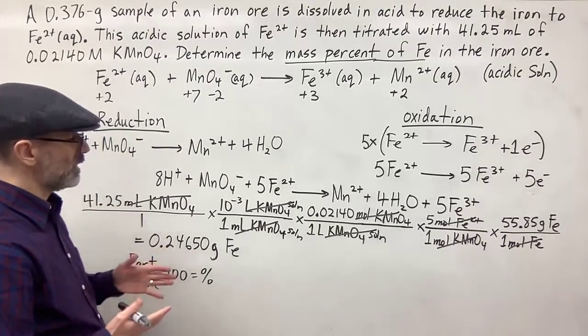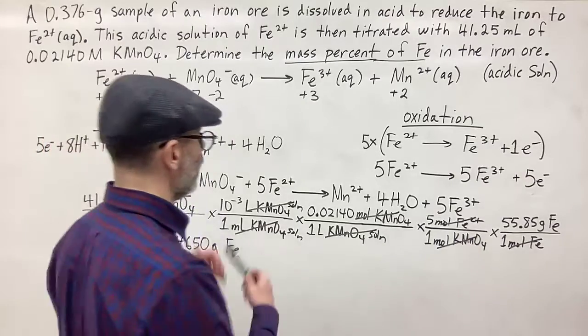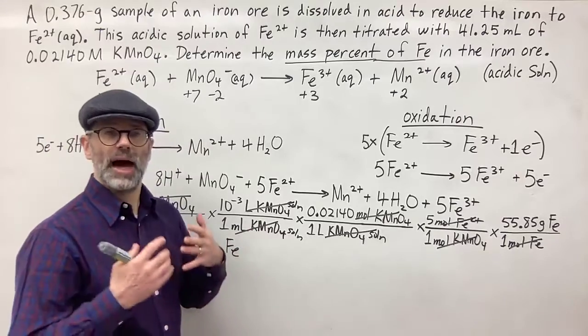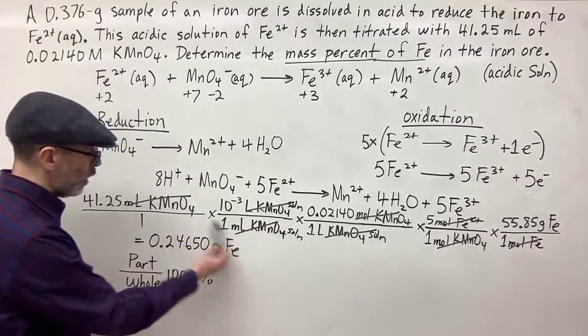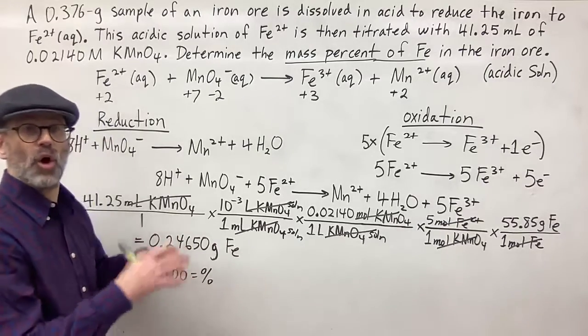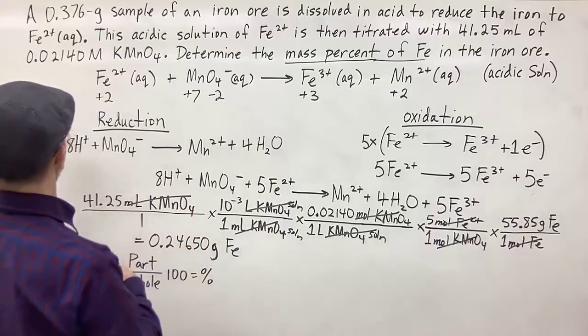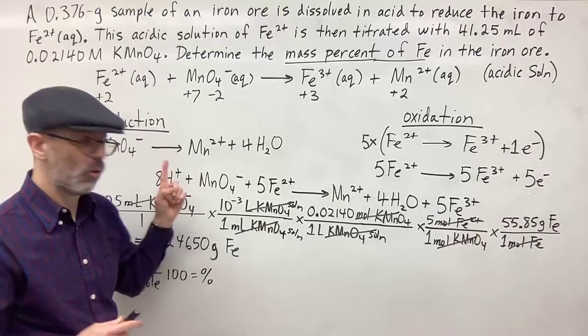So what is the part and the whole that we're talking about in this problem? Well, we want the mass percent of iron. Iron is the part. So I have this many grams of iron as a part of the whole ore sample. What's the whole ore sample? The 0.376 grams. That's my whole.